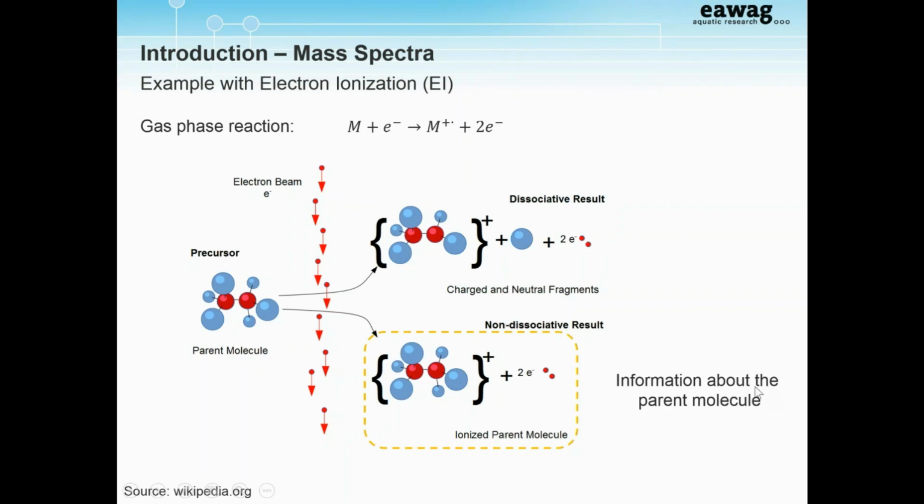This gives you, in your mass spectrometry, information about the parent, so the mass of your molecule of interest. But you can also get the fragments in what's called a dissociative result, and this is what gives you information about the structure behind your parent molecule. You get this information according to the fragments, which have the charge, but also the neutral loss. You do not see this directly, but you see what bits of the molecule are lost.